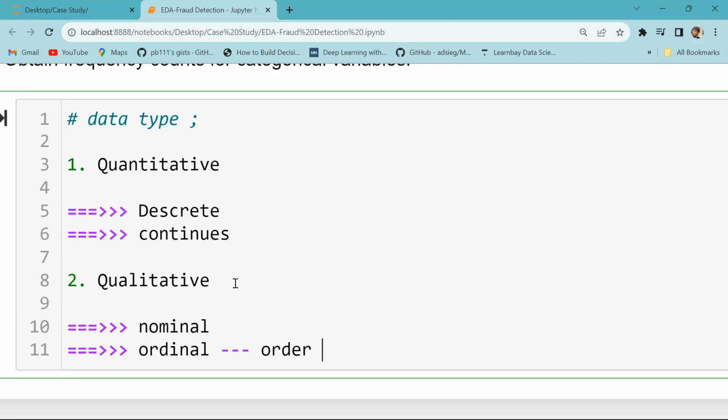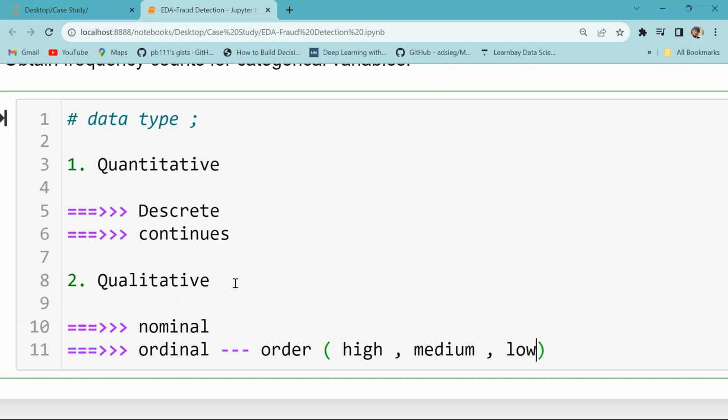For example, I have data and I want to distinguish persons based on height: medium tall, tall, or short. Height could be very high, medium, or low. There is some kind of order there, right? High, low, or medium.